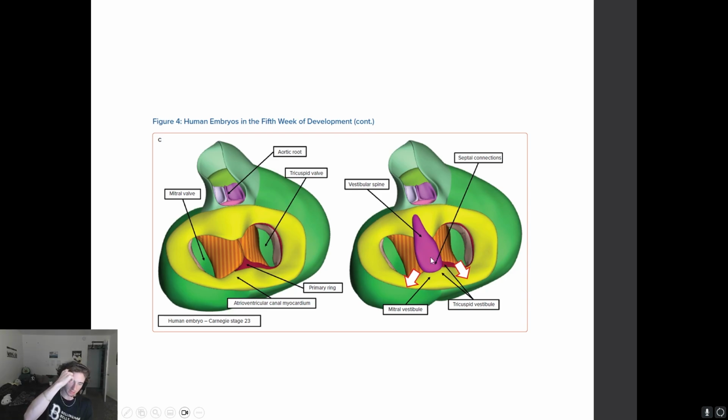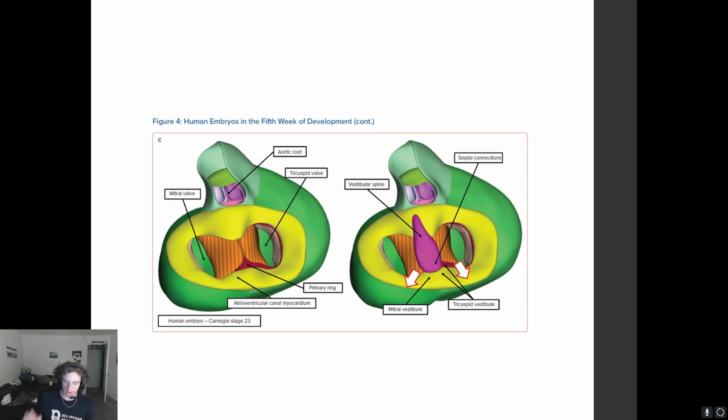We're not really going to talk about what those are, because that's more in depth than we need to go. But really, this is penetrating down and being overlain by a vestibular spine and a mesenchymal cap.